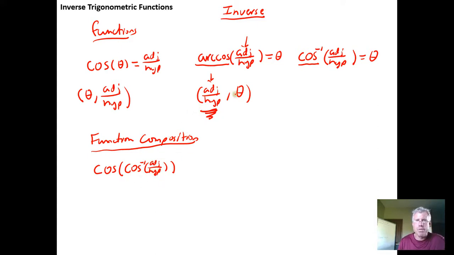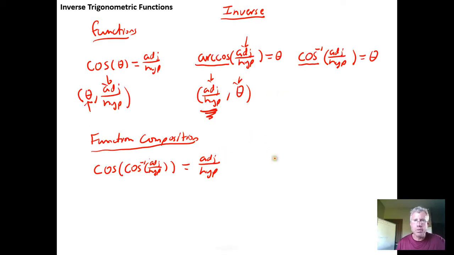The cosine inverse generates an output, theta, and then the cosine of that theta generates the side ratio as the output. Or we can think of this as the cosine and cosine inverse cancel each other, giving us the side ratio. I kind of don't like to think about it that way, but that would be another way to think about it.